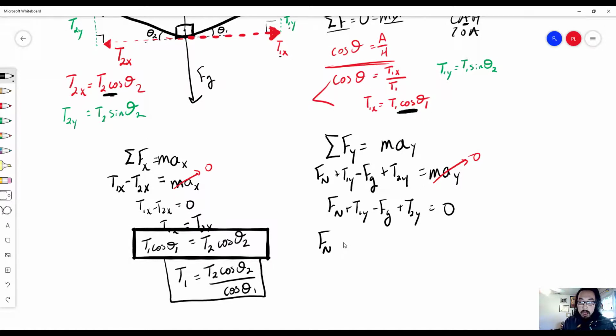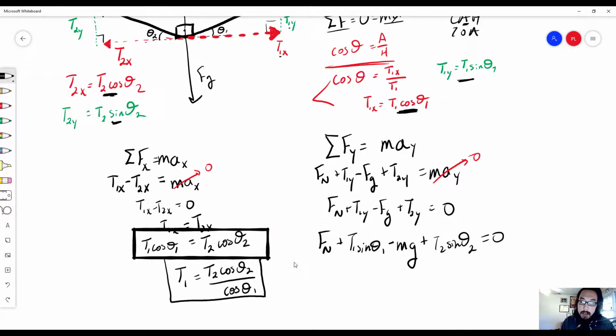We can say normal force plus T1 sine of theta 1, my mistake, minus the weight, which is just mass times acceleration due to gravity, plus T2, which is over here, T2 sine theta 2, all equals 0.